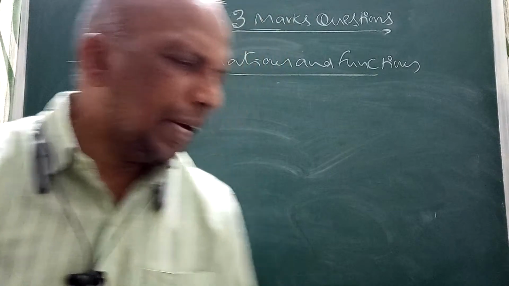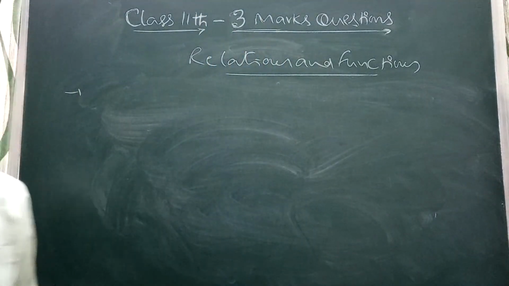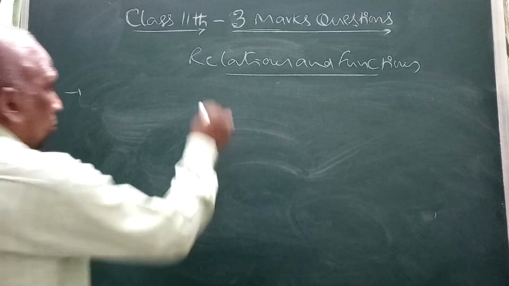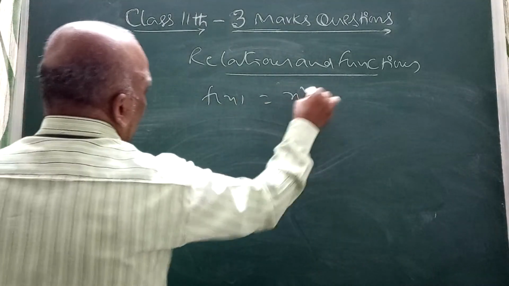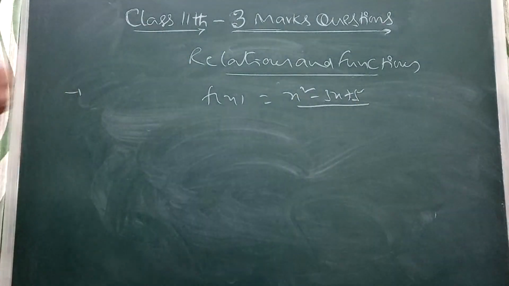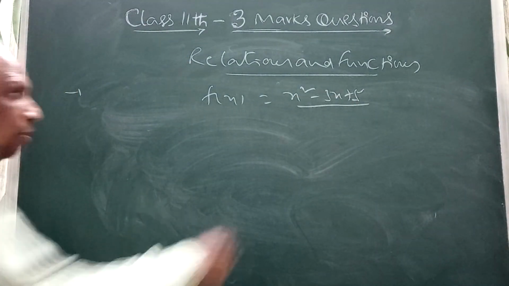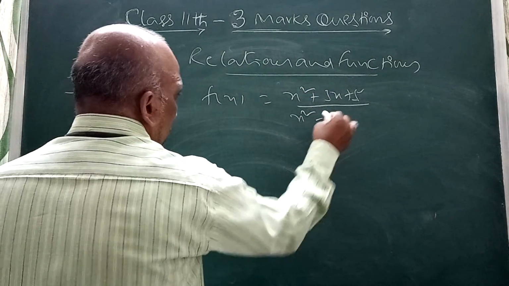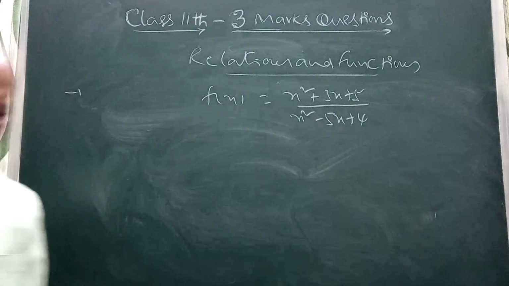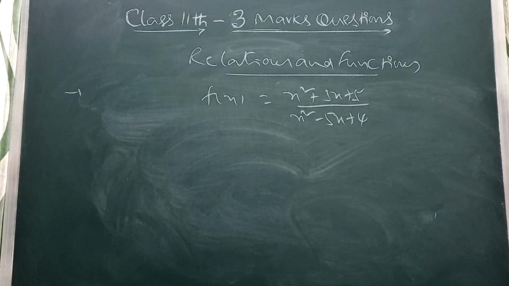Find the domain and range of the function f(x) = (x² - 3x + 5) / (x² - 5x + 4). This is a problem: find the domain and range.